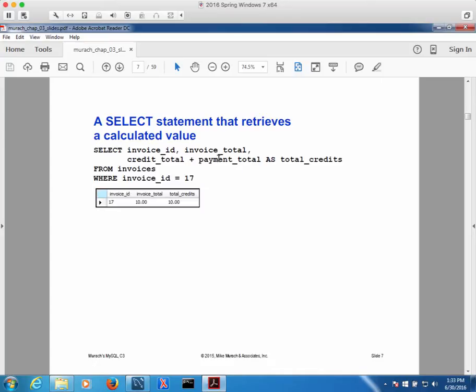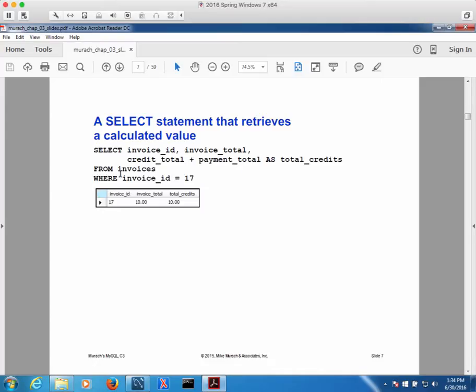But then we're creating a third one. It's credit total plus payment total. And then we are able to assign it a name. Of course, it doesn't have a name because it's not really in the table. We're creating it with our query, and we're going to call it total credits.